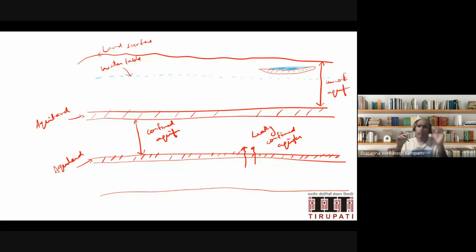But if the amount of leakage is really very small due to geological circumstances, then you can, for all practical purposes, think of it as a confined aquifer itself. So that's the distinction between the confined, the leaky confined, and of course, the first one that I spoke to you about is the unconfined aquifer.